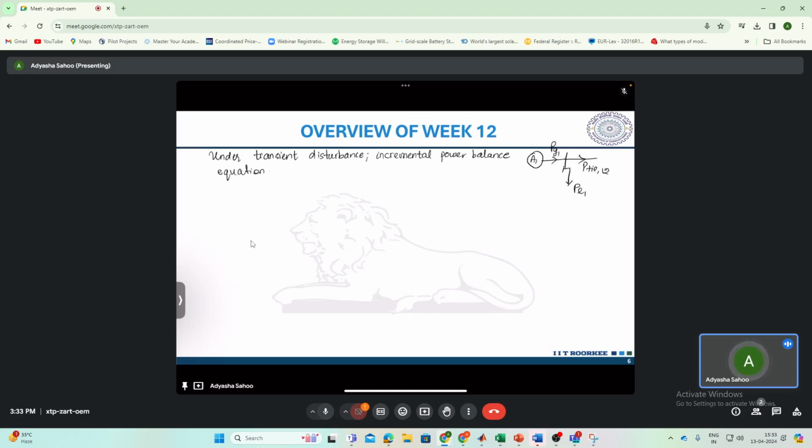That will be nothing but your change in generation PG1 minus change in PL1 minus change in tie line power flow delta PT12. That will be nothing but what we had seen, 2H by F naught times d by dt of delta F plus D1 delta F1.